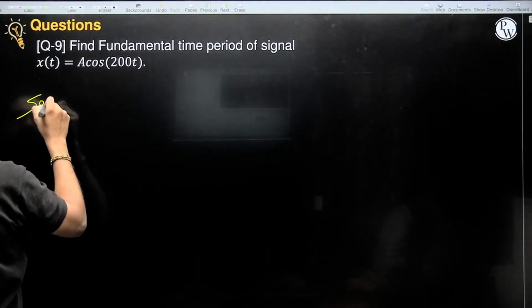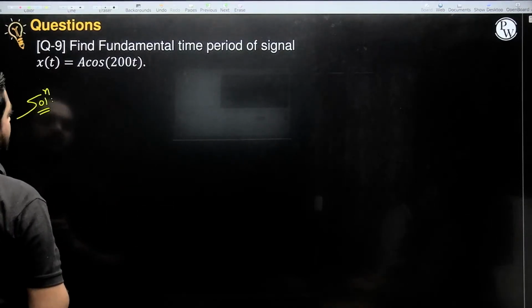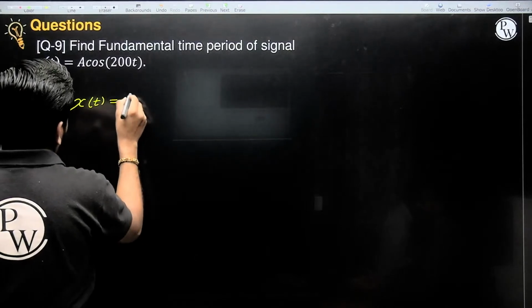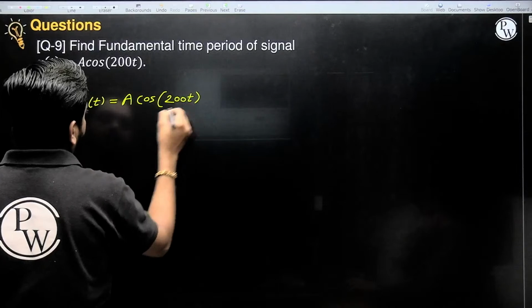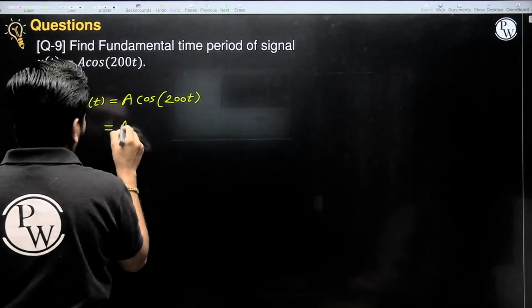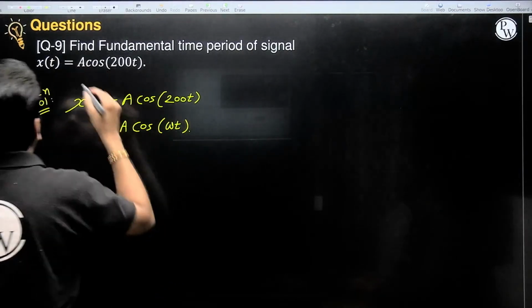This is question 1. x of t equal to A cos 200t. So compare it with the standard format, cos omega t.